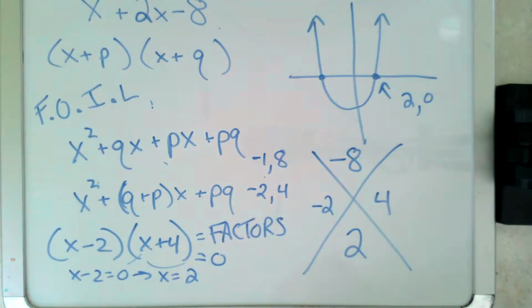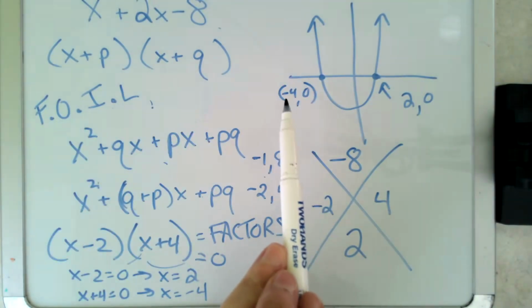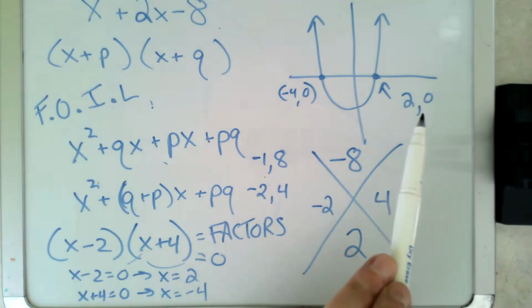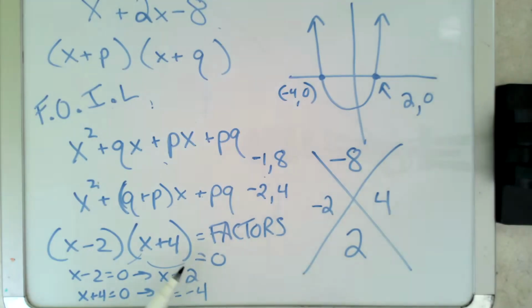That's the point 2, 0. That's one of my zeros. Same thing here. x plus 4 equals 0. That means x would be negative 4. And so negative 4, 0 and 2, 0 are my two zeros. And x minus 2, x plus 4 are my two factors.